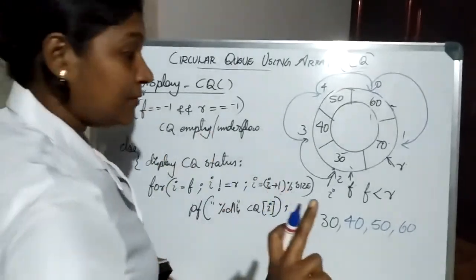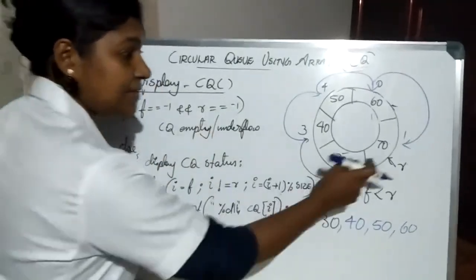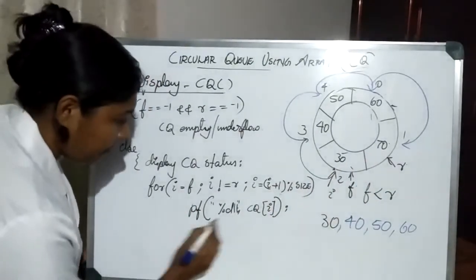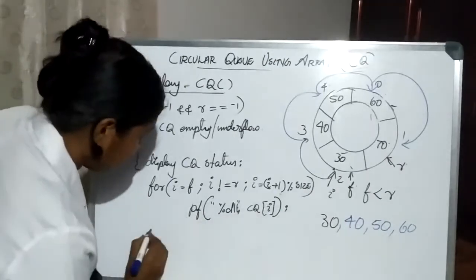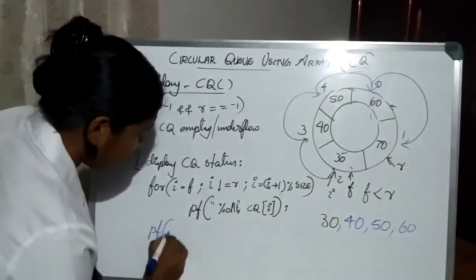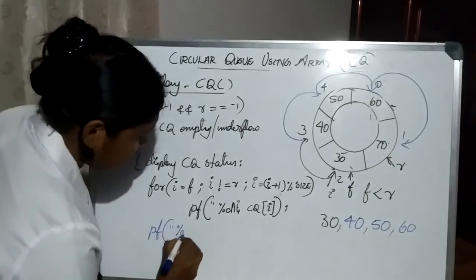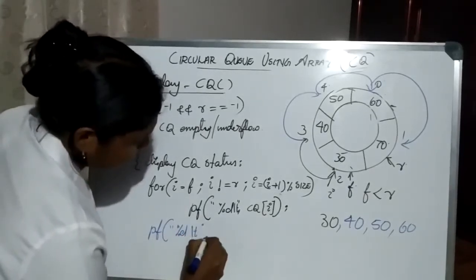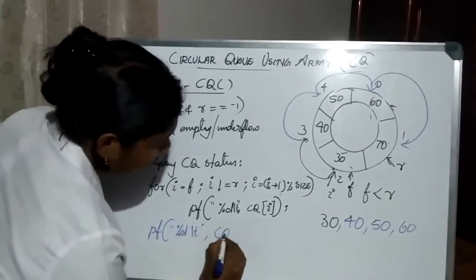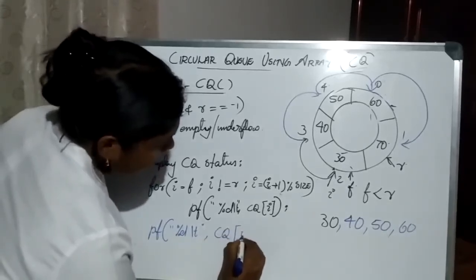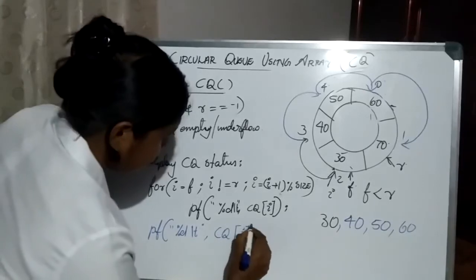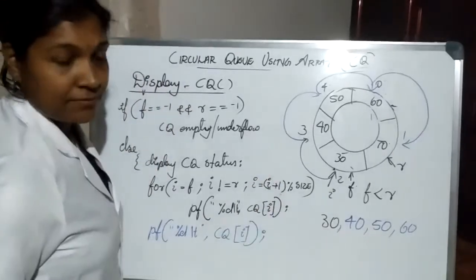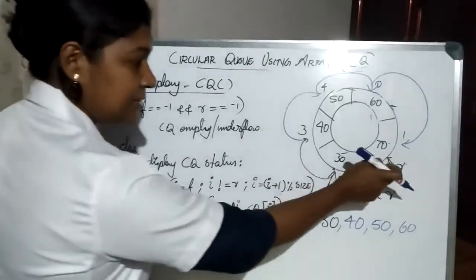So what we need to provide, since I is still pointing to this position. After coming out of this loop, you provide the same statement once again: printf %d slash t, CQ of I. Because even after exiting from this loop, I would be pointing to this location.